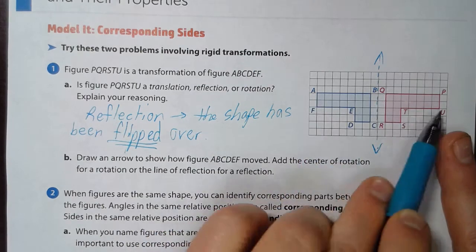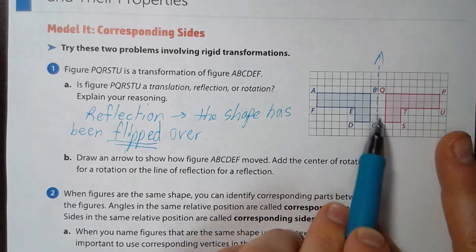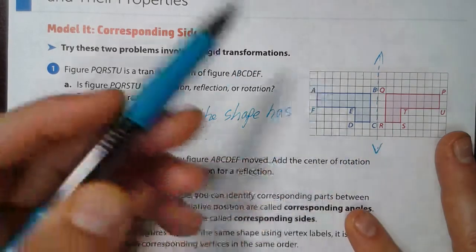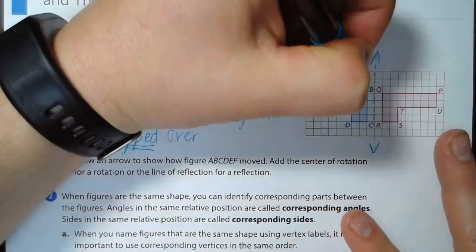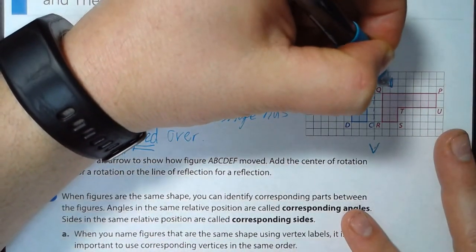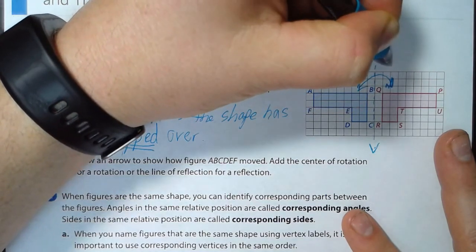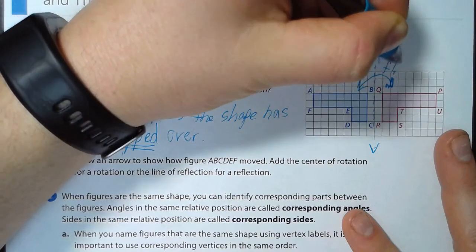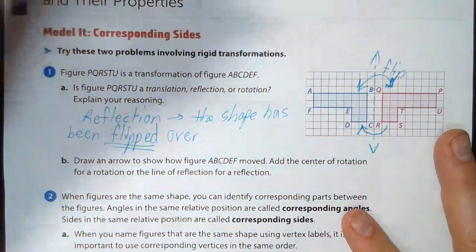And you'll notice that it is. Okay, so that also helps us tell that it's a reflection. See, 3 away, 3 away, 1 away, 1 away. Okay, so we've got this line of reflection, and oh, I should have drawn it this way, actually. We are flipping it over here. Flipping it over here.